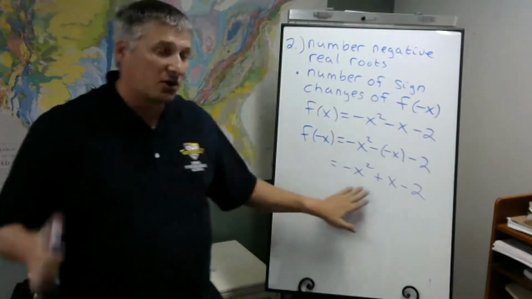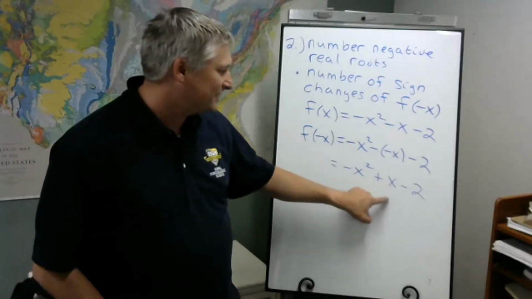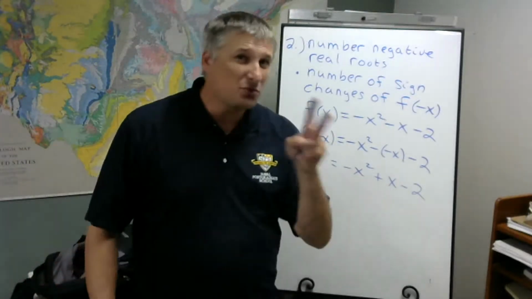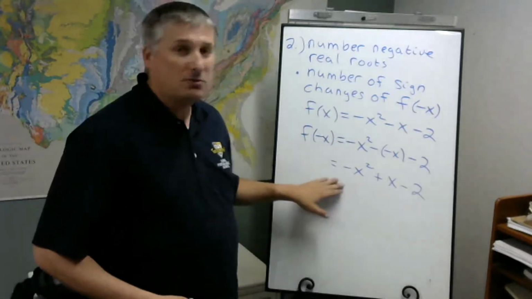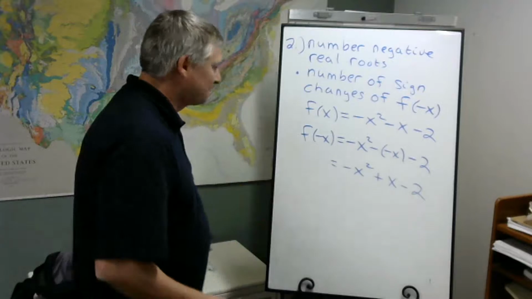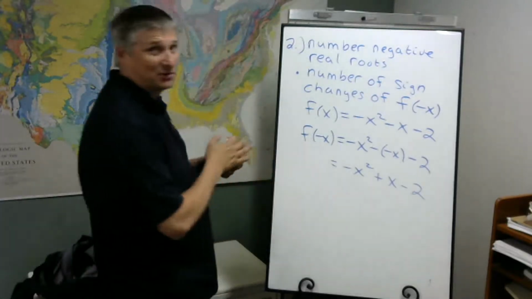Now this says there are going to be some negative roots. There's one sign change and a second sign change. We got two sign changes here. So that means there are possibly two negative roots for this, because f of negative x has two sign changes.